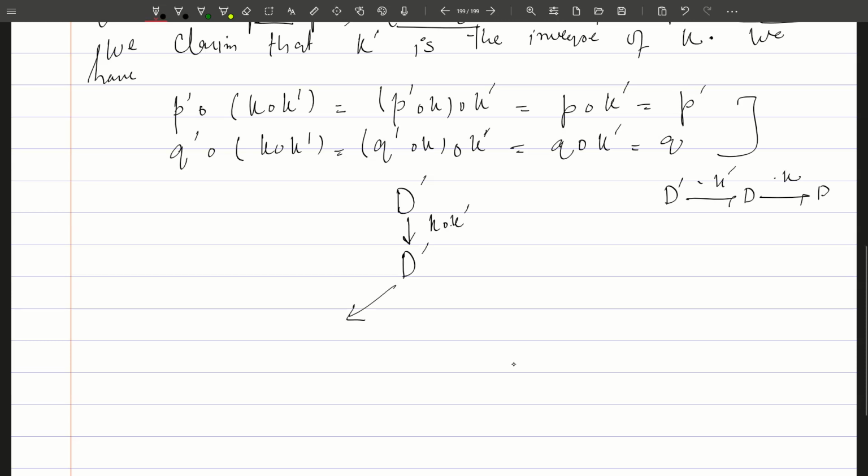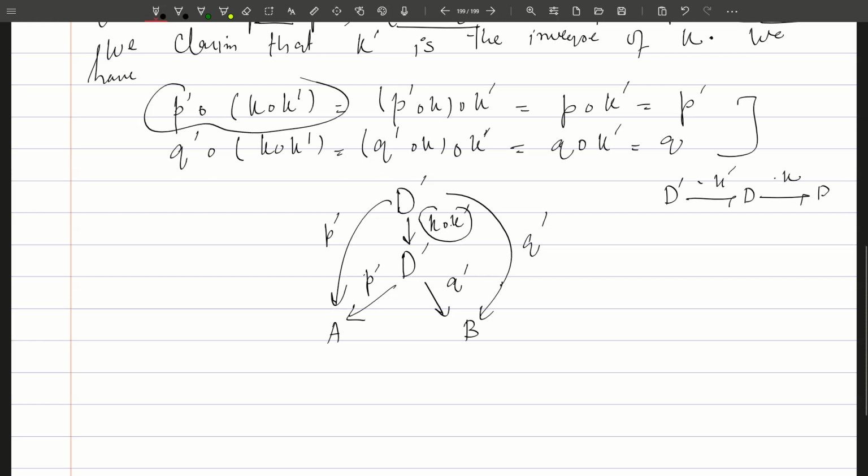And here we have the map P prime, we have the map Q prime, so this is object A, this is object B. What we proved here is that K composite K prime composite P prime is the map P prime, and K composite K prime composite Q prime is the map Q prime. So this means that this diagram commutes.